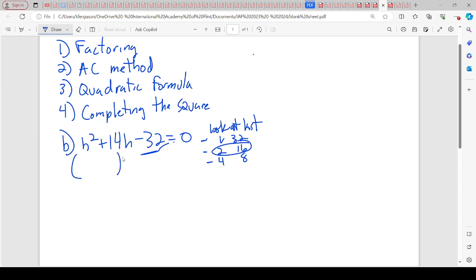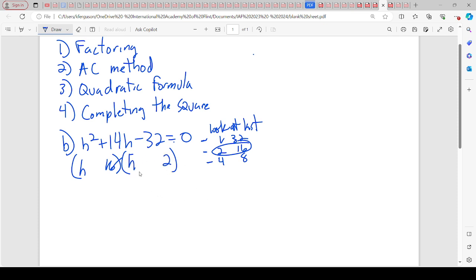So I just give myself 2 parentheses. We have h and 16, and then h and 2.